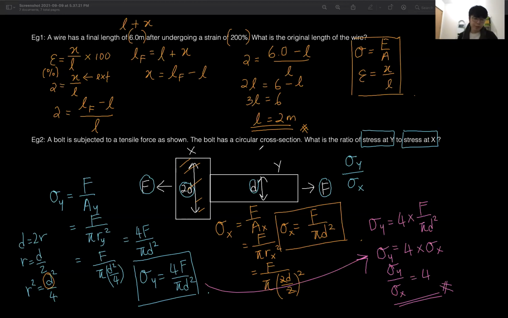Which side experienced bigger stress? The stress at Y is 4 times the stress at X, meaning material Y will experience bigger stress and material X smaller stress. Even though the same force is applied, one experiences greater stress and the other smaller stress.